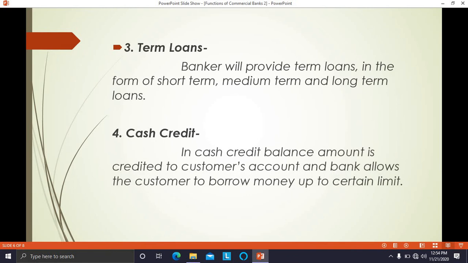In cash credit, the amount is credited to the customer's account and the bank allows the customer to borrow money up to a certain limit. While giving the loan, the bank credits that amount to the account of the customer, and then the customer is allowed to withdraw that money up to a certain limit. This is by way of cash credit.